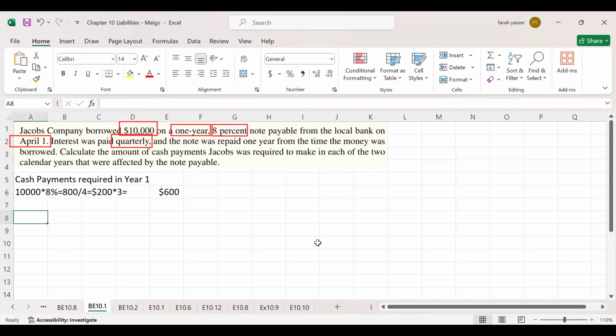Now we calculate the cash payments required in year two.